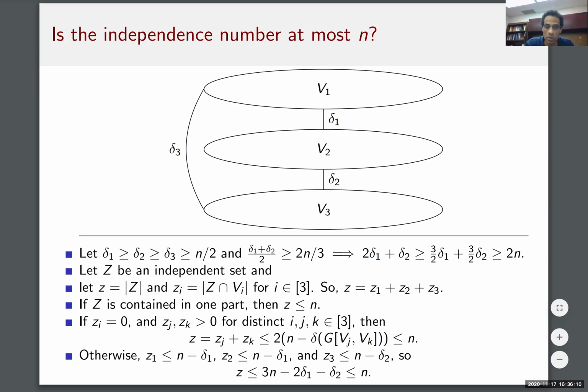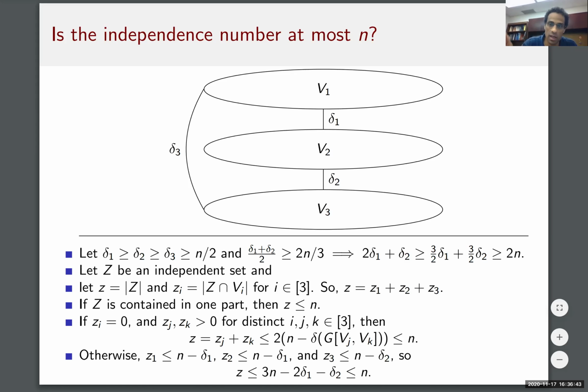So Z2 is also less than or equal to n minus delta 1, because the minimum degree between these parts is delta 1. And then for Z3, here's a vertex in my independent set. It's got delta 2 neighbors into V3. So that means that the size of Z3 is less than or equal to n minus delta 2. I just add all of those up, and I use this fact here, and I get that Z is less than or equal to n.